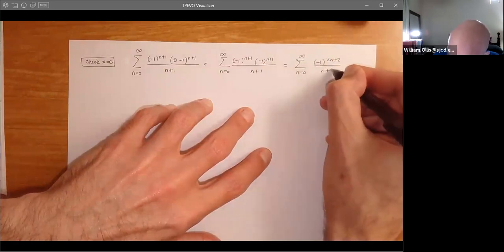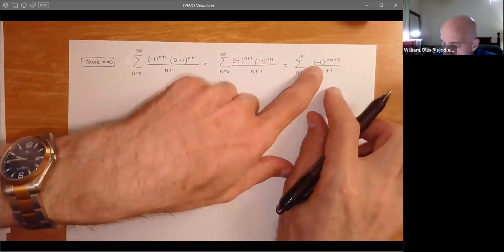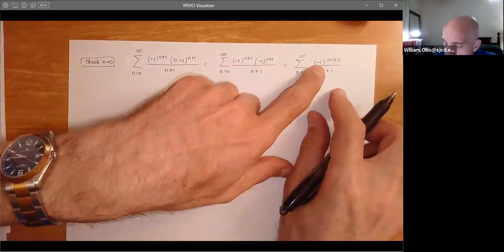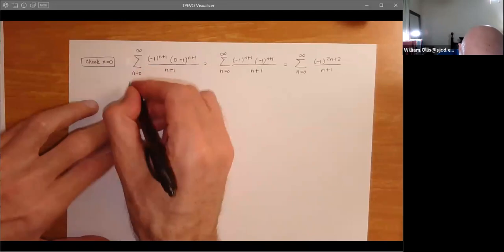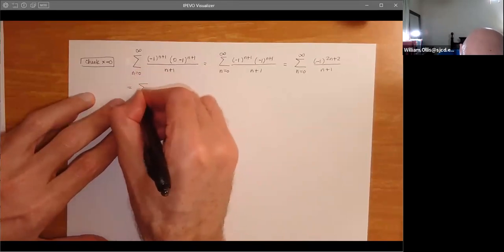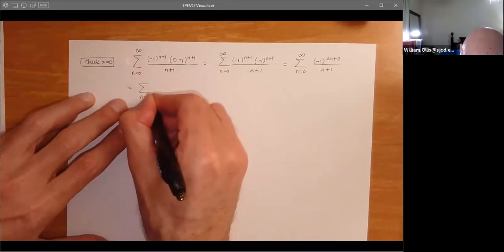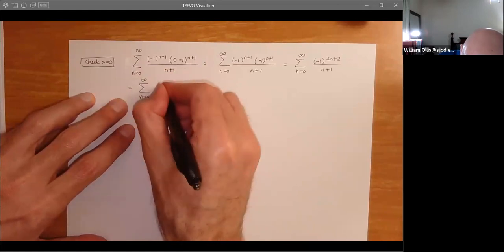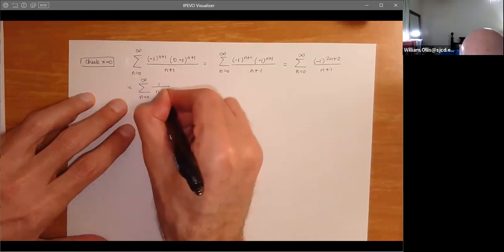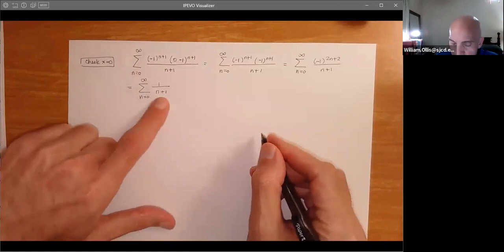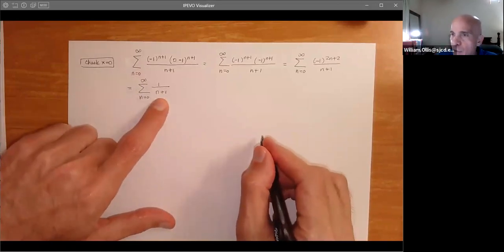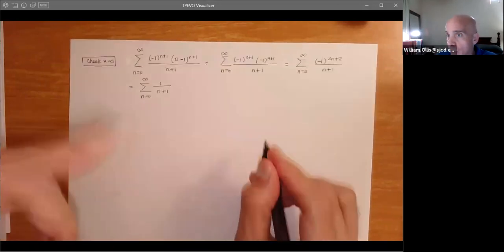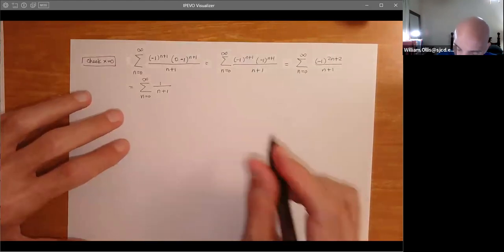But now, of course, with all these even numbers, negative 1 to the 2n is 1, and negative 1 squared is also 1. So we just get the series n equals 0 to infinity of 1 over n plus 1. And of course, this we know by the integral test diverges. You can compare, but this is an easy integral test.